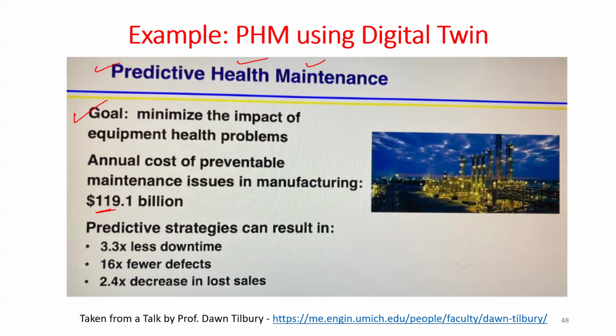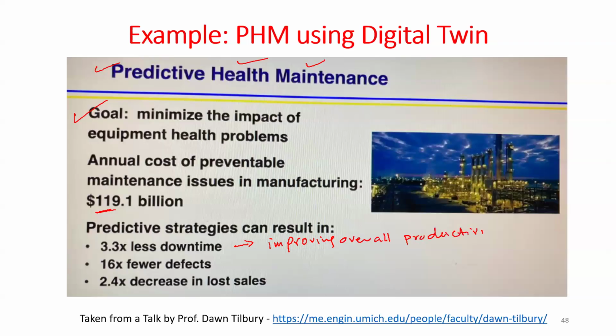When PHM strategies are implemented, they can lead to substantial operational improvements. For example, in this study, Professor Don Tilbury mentioned 3.3 times less downtime. What does it mean? It is basically improving overall productivity.